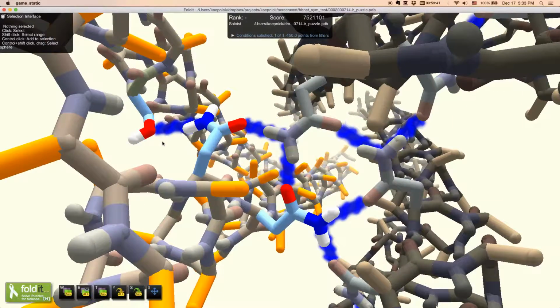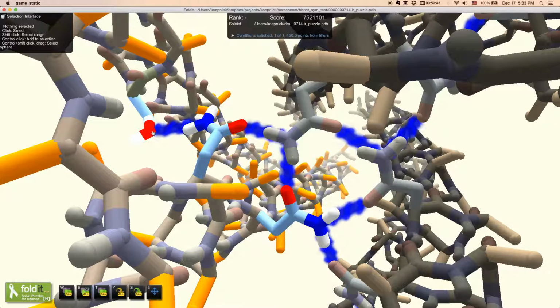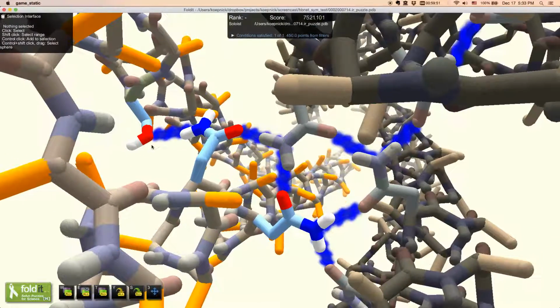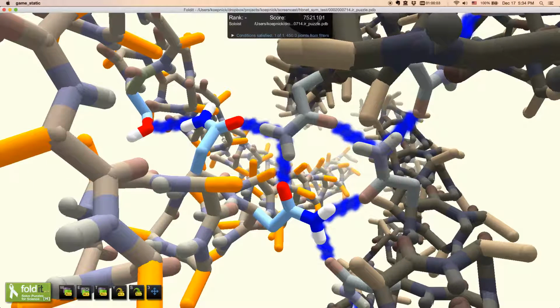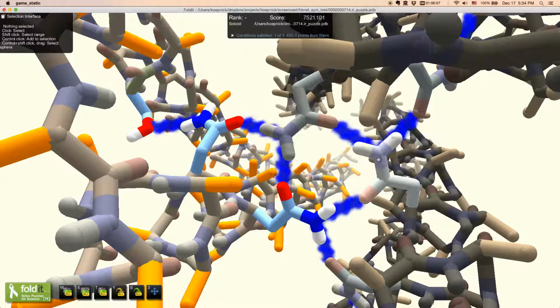You notice that serine actually can accept a hydrogen bond with this oxygen and can also donate a hydrogen bond with the hydrogen that's connected to that oxygen. And this hydrogen and this hydrogen, 2 of these atoms are not making hydrogen bonds. So that is why this hydrogen bond network is only 75% satisfied. Of course, you would get the same thing if you looked at the symmetric copies.